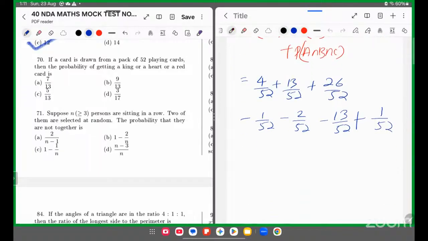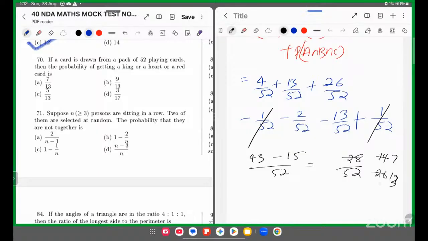If you solve for this one, 13 plus 4, 17. Answer will be 7 by 13. Option A.